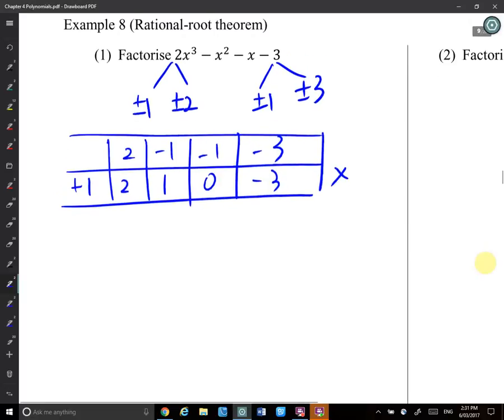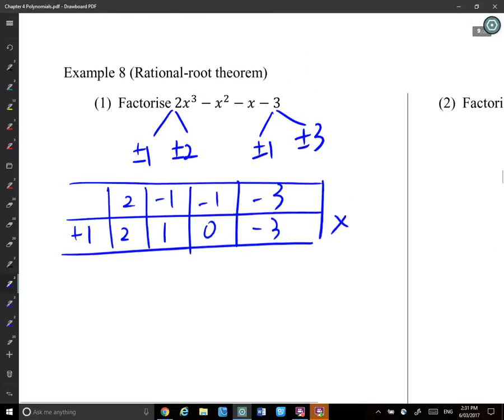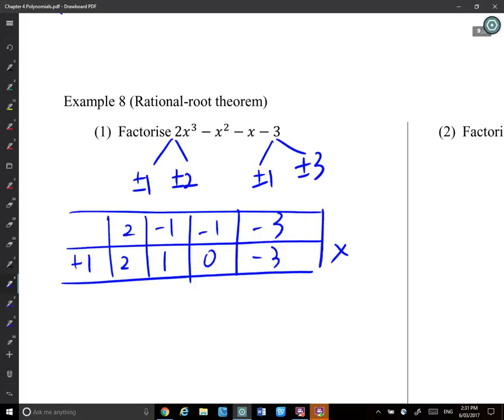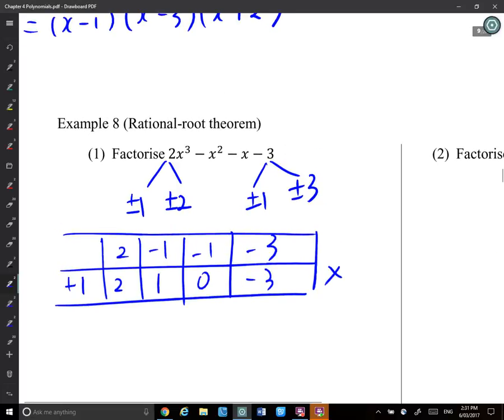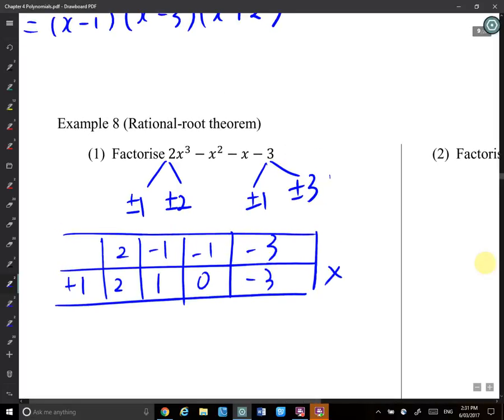Then you will start to think about the rational root. The rational root will be the factor of the constant over the factor of the starting coefficient. So you will create plus minus 3 on 2. And you will create plus minus 1 on 2. You will not create plus minus 1 on 1 because that's still 1.